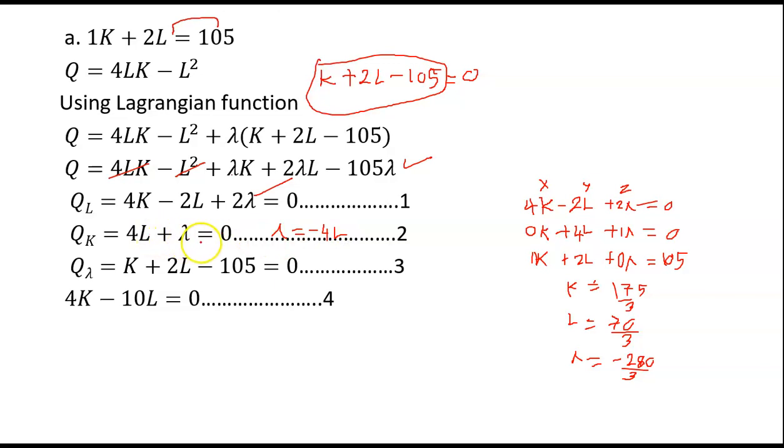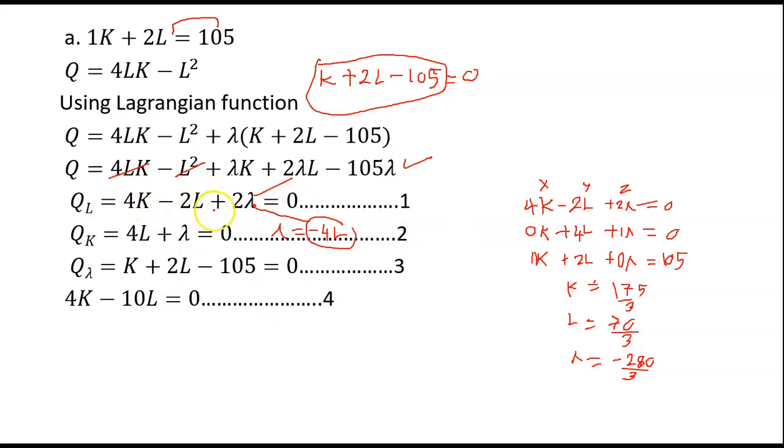When I made lambda the subject, what I got for lambda, which is -4L, I fixed it here in equation 1. So I have 2 times -4L. And 2 times -4L gives me what? -8L, right? So -2L plus -8L will give you -10L.